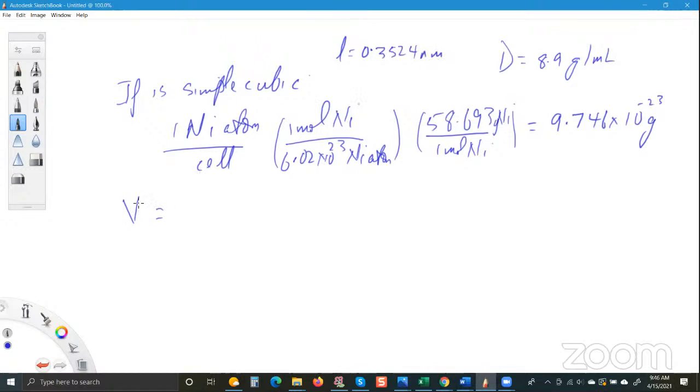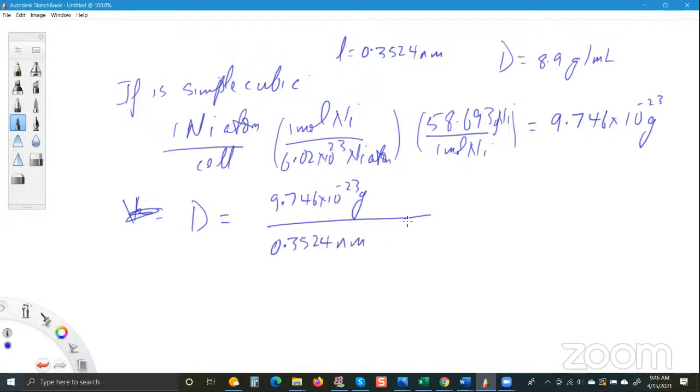So in fact, let me just skip this and go directly to the density calculation. The density will be equal to the mass, which is 9.746 times 10 to the minus 23 grams, divided by the volume, which is the length cubed, which is 0.3524 nanometers.